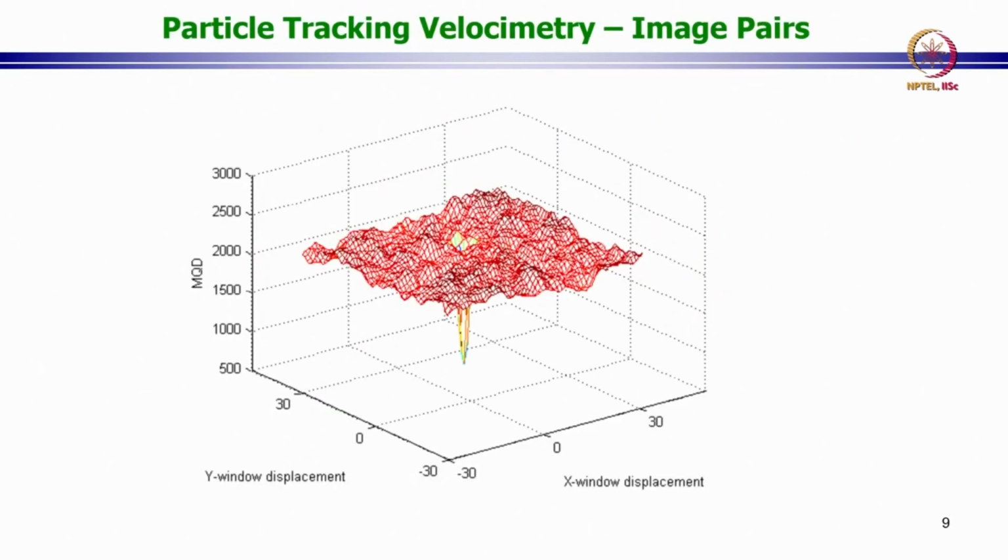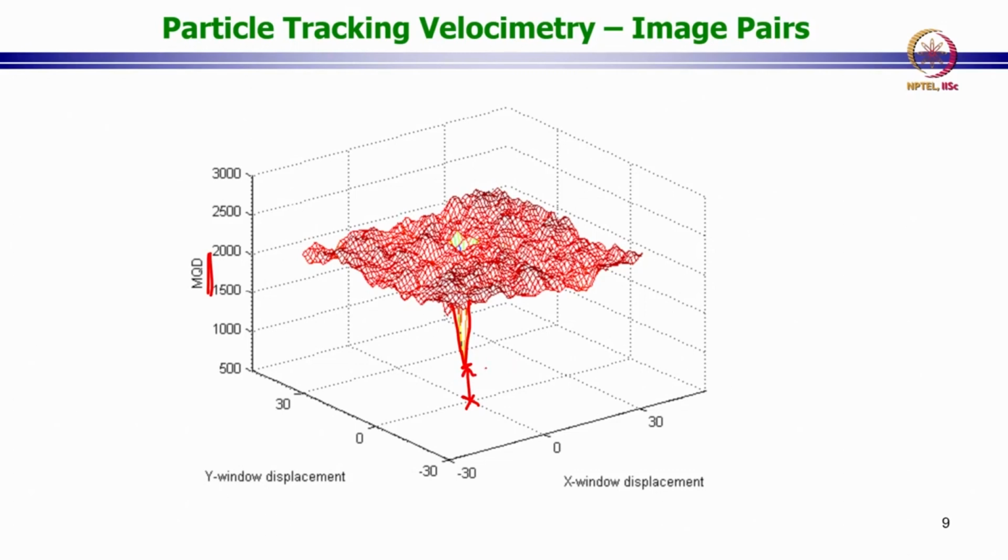So, this is the minimum quadratic difference plotted along x and y, and you can see that there exists a minimum value to this curve, and this minimum value is on my x and y, the values of the displacement from 0 0. This is not exact on 0 0 by the way, you can see 0 0 is right here, and so this value is somewhere displaced from that.